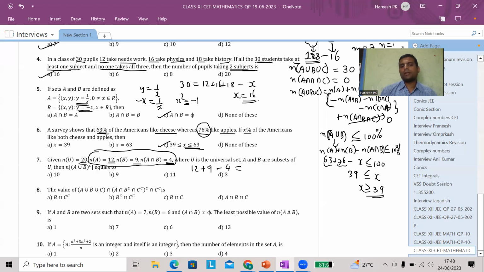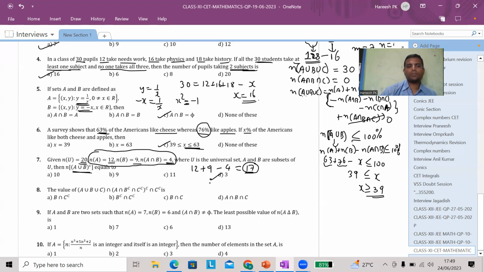So you'll end up getting 12 plus 5, which is 17. So if this is A union B, for the complement, in total elements, subtract this. So from 20, if you subtract 17, you'll end up getting 3 as the answer.